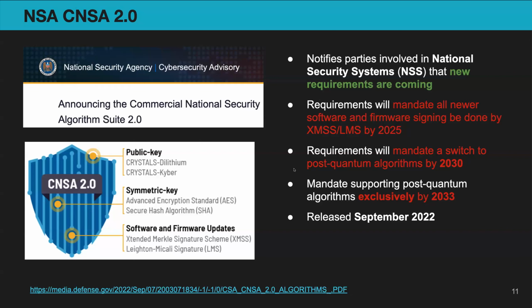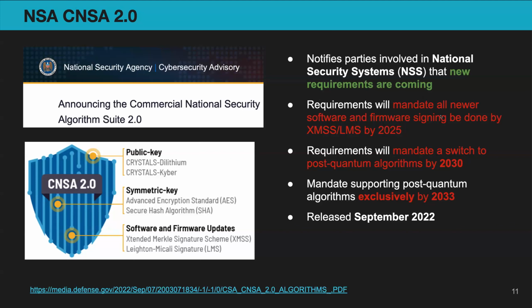And now we're going to go over some of the CNSA 2.0 suite stuff that's coming out. Here's a rough overview of the timeline. This is the year I wasn't sure about at the beginning: it is 2025.